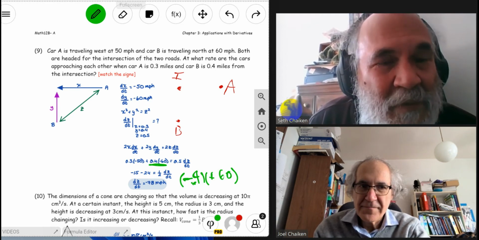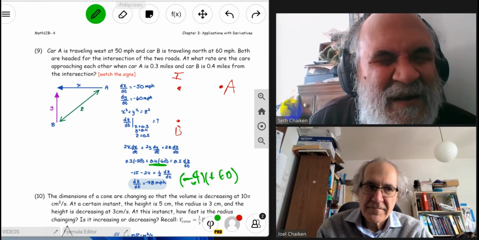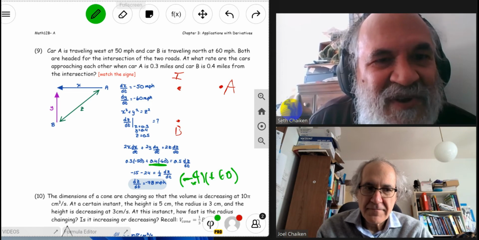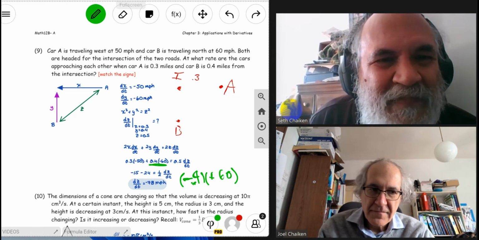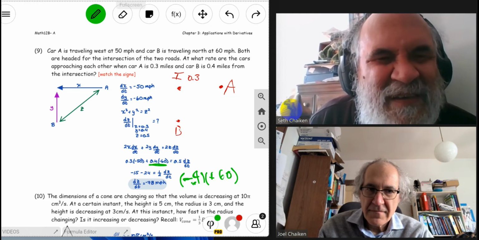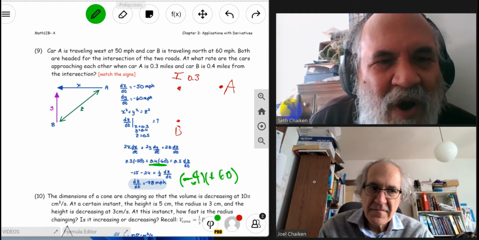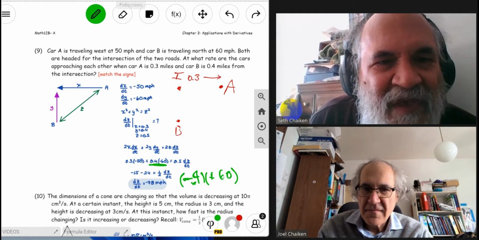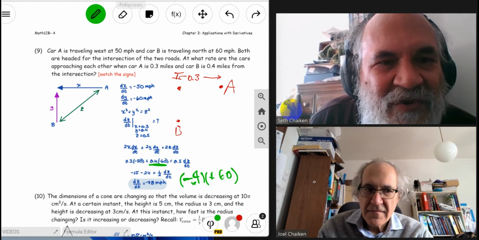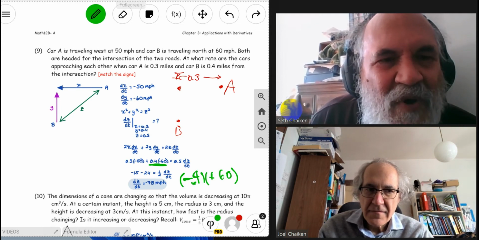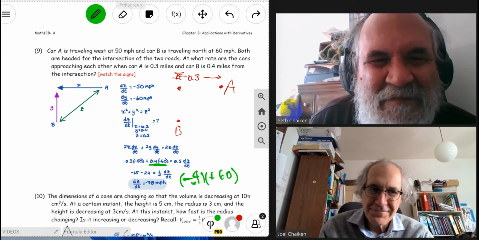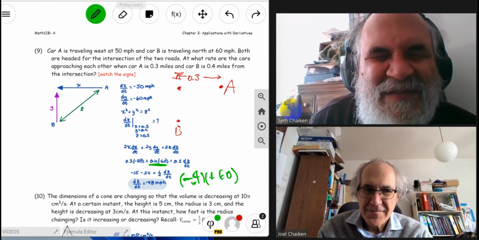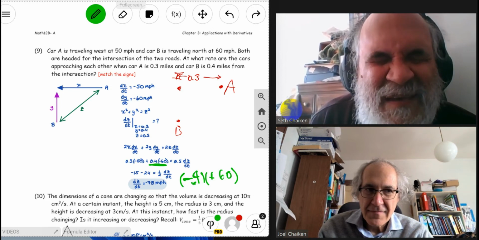Okay. Now, the data of the problem says that car A is 0.3 of a mile from the intersection. So I will use what's written on blueprints or engineering diagrams to indicate the distance between A and the intersection.